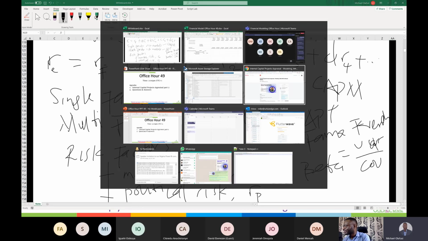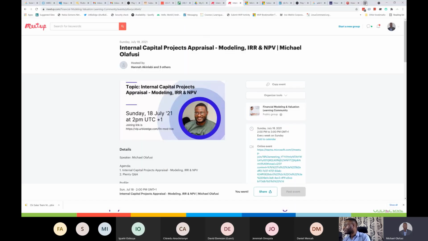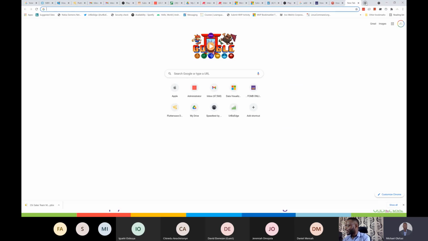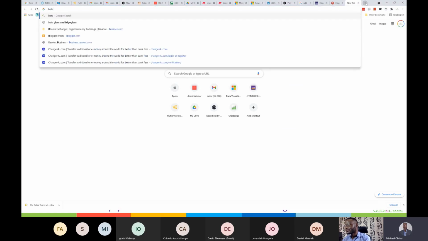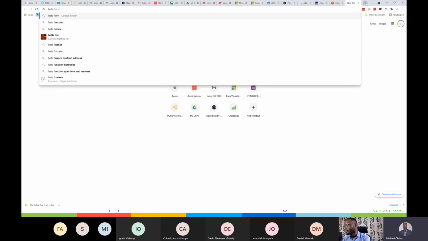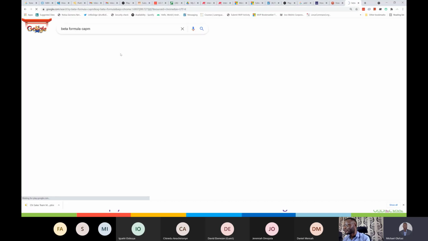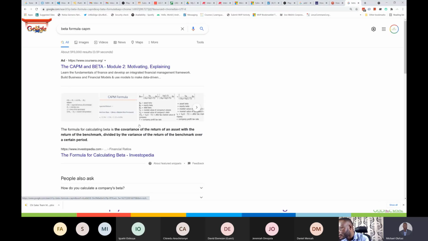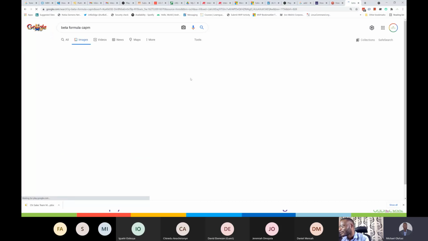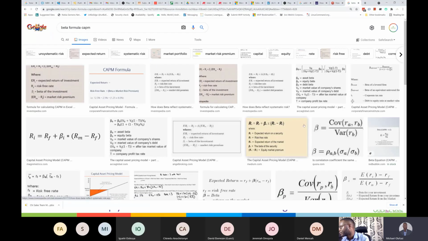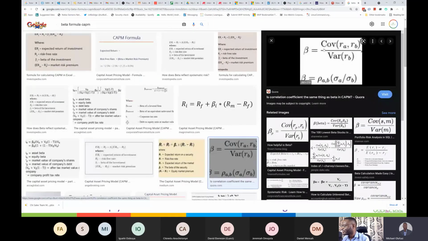I'm beginning to say theoretical things, but you don't need to do all the calculation from first principles. Let me check the beta formula. It's variance over covariance? See, it's the other way around. It's the covariance over the variance: how your business varies with the market over the variance.